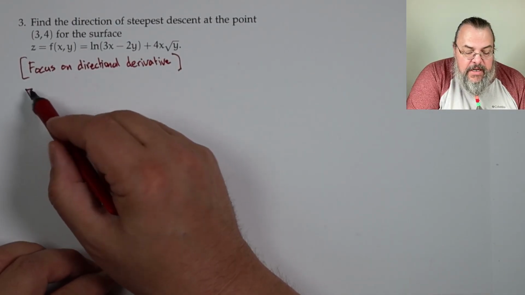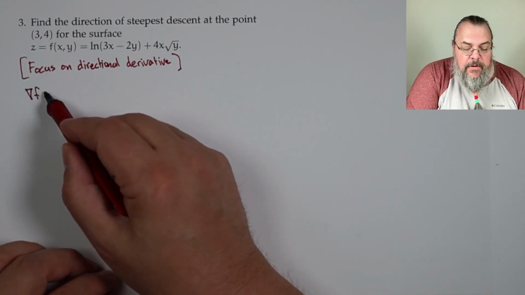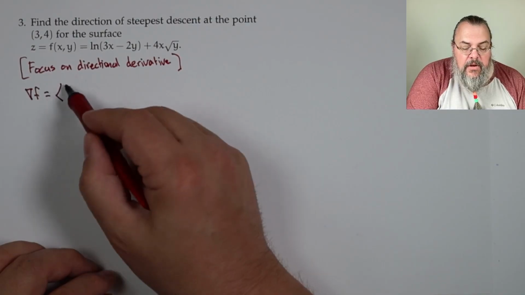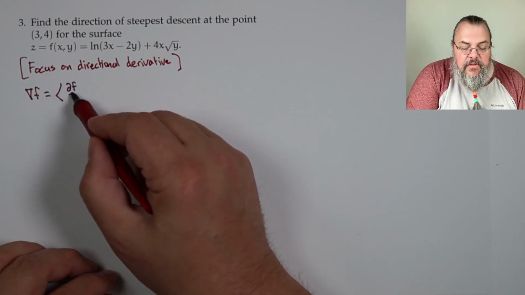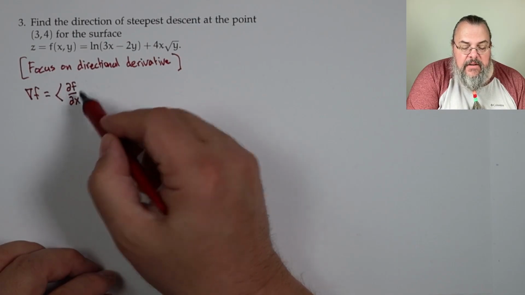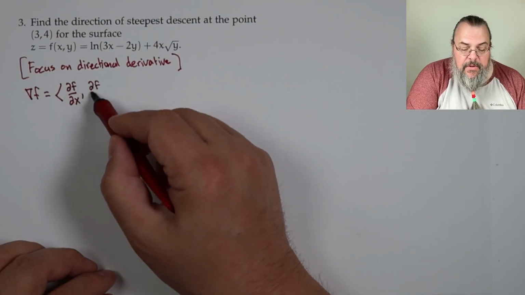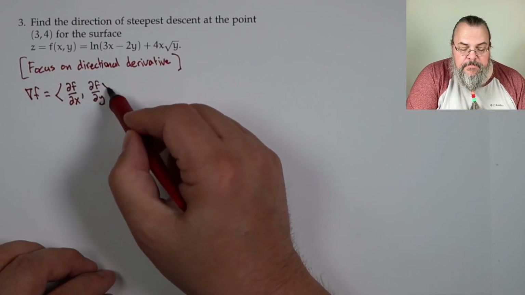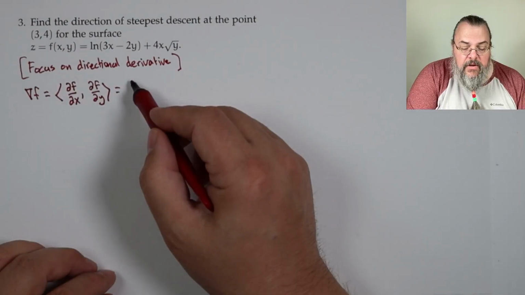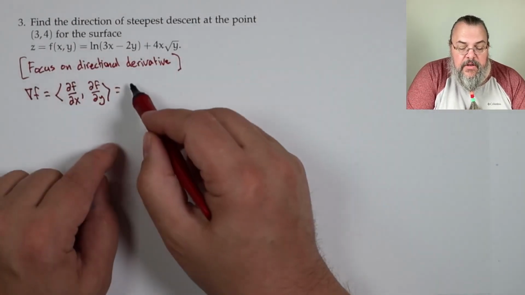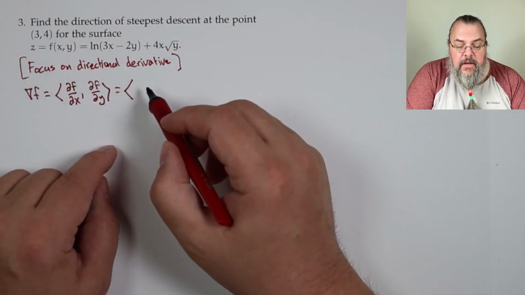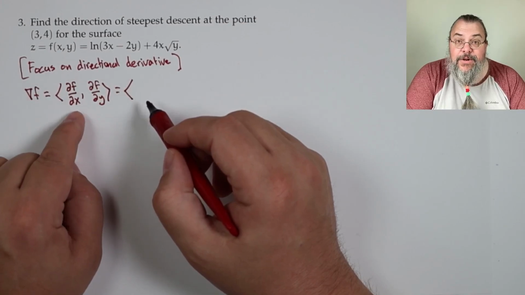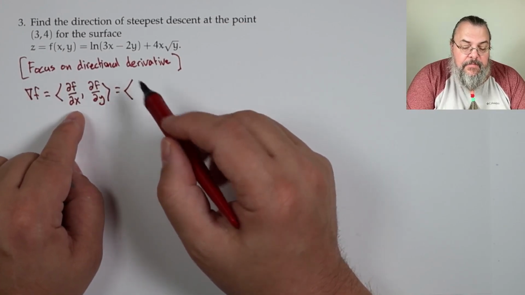So we're going to take the gradient of f. And when we take the gradient, that really says we're collecting the partial derivatives. So partial f, partial x, and partial f, partial y. Okay, so we're going to take our derivatives here. First, the derivative with respect to x. So we're going to treat y as a constant.